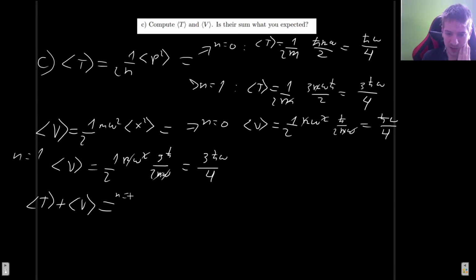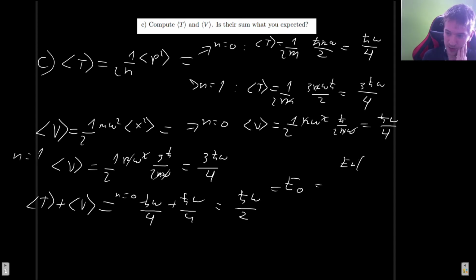So if we sum these for n equals 0, we get h bar omega divided by 4 plus h bar omega divided by 4, which is just h bar omega divided by 2, the energy of the ground state, right? Because the energy E_n is n plus 1/2 times h bar omega, and if n is 0, we get h bar omega divided by 2, so that's amazing.